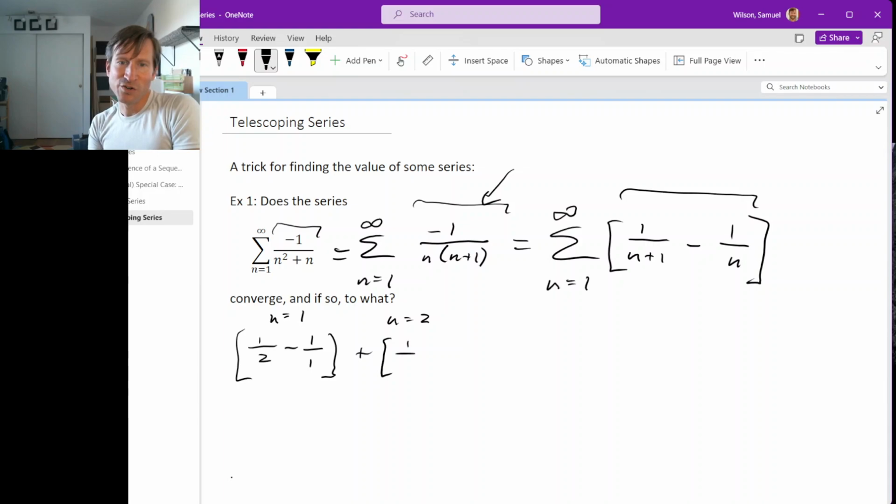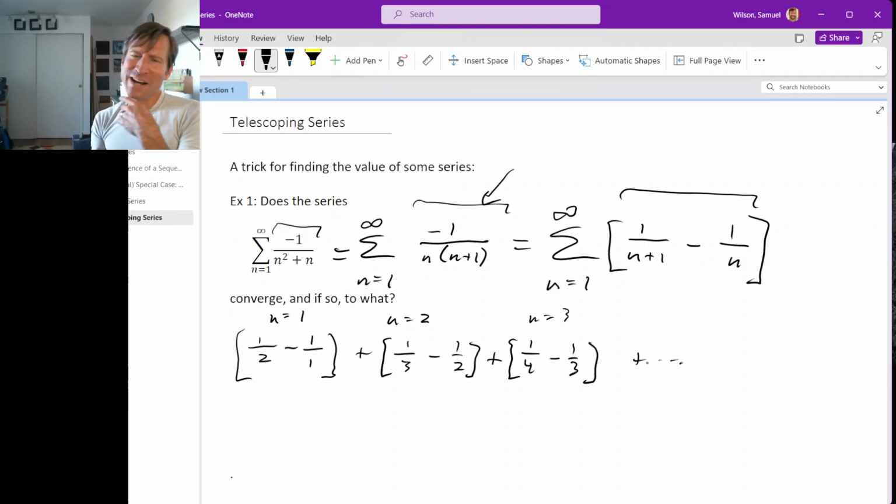That's going to be 1 over 2 plus 1, which is 3, minus 1 over 2, which is 1/2. Good. Plus, and then the n equals 3 term is going to be 1 over 3 plus 1, which is 4, minus 1 over 3, and so on.